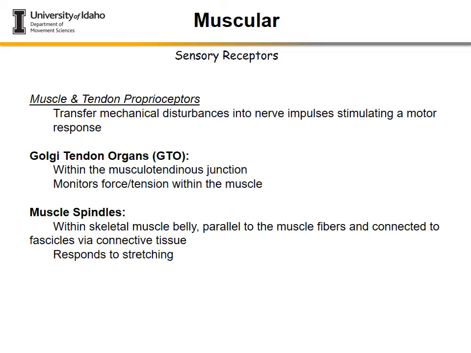So Golgi tendon organs respond to the amount of tension, and they will inhibit or produce a response if too much tension is created.